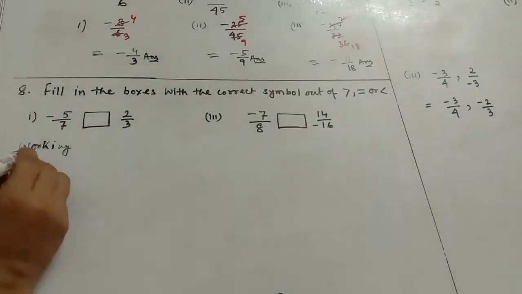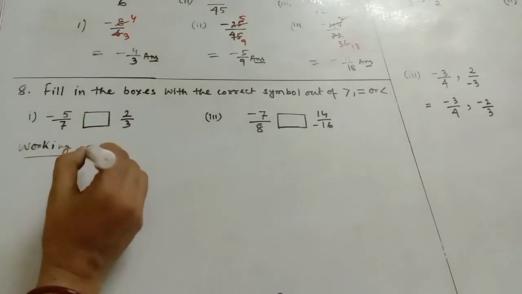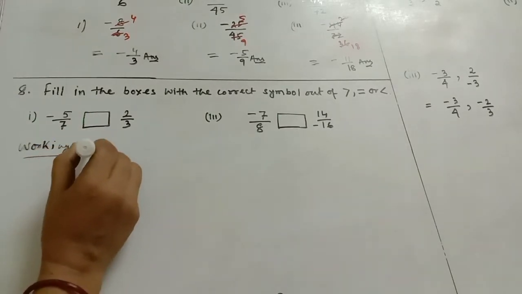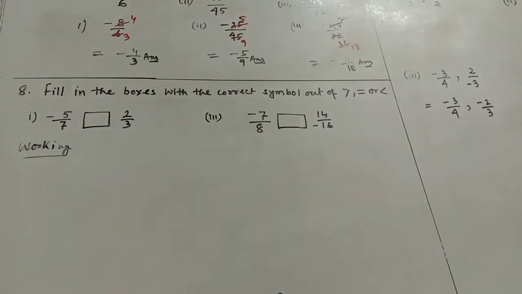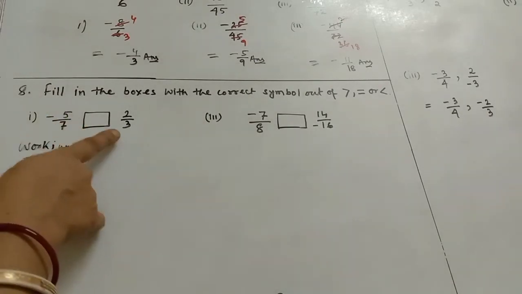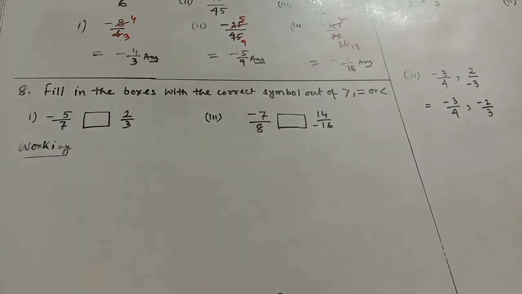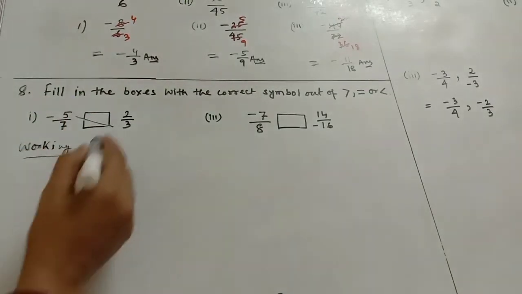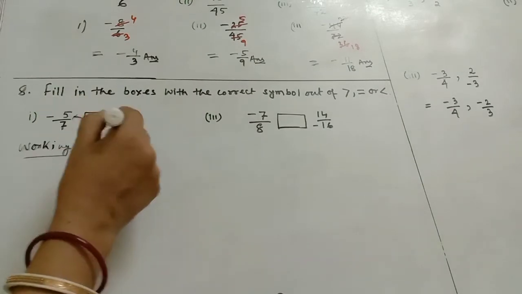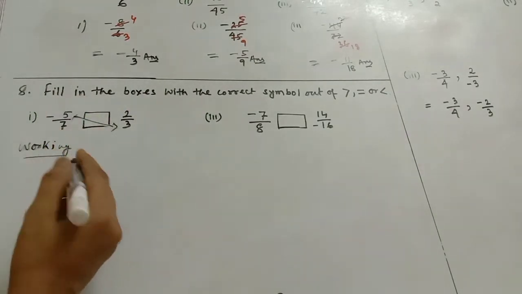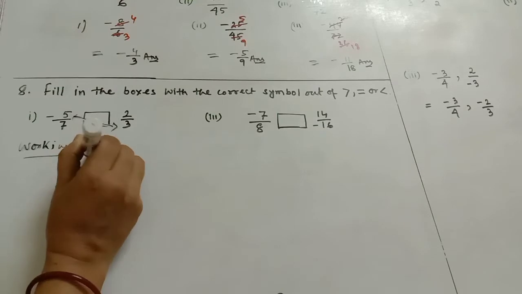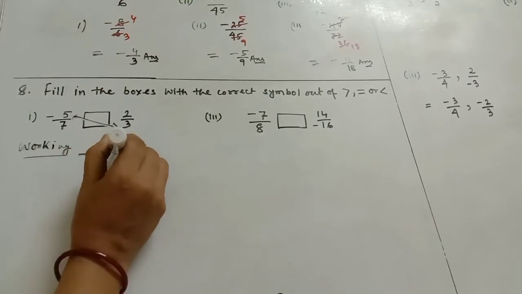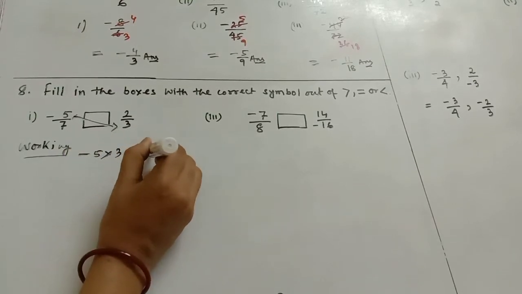Working of this: the first step is you will multiply the numerator of the first one with the denominator of the second one. So you will multiply minus 5 into 3, and you will get minus 15.